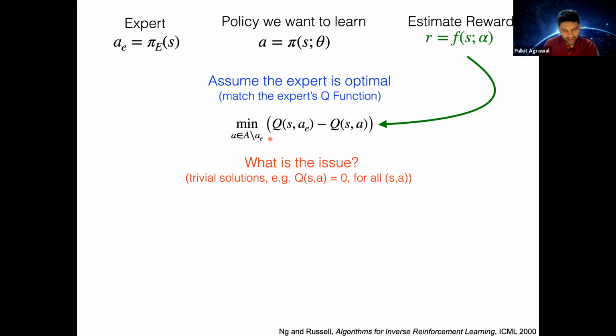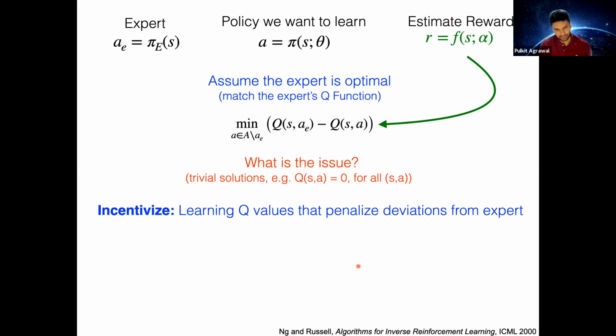So what can we do to circumvent it? One idea, which was used in the foundational paper for inverse reinforcement learning, the reference of which is in the bottom right of the slide, is to say we want to learn rewards or Q values that penalize deviations from the expert.